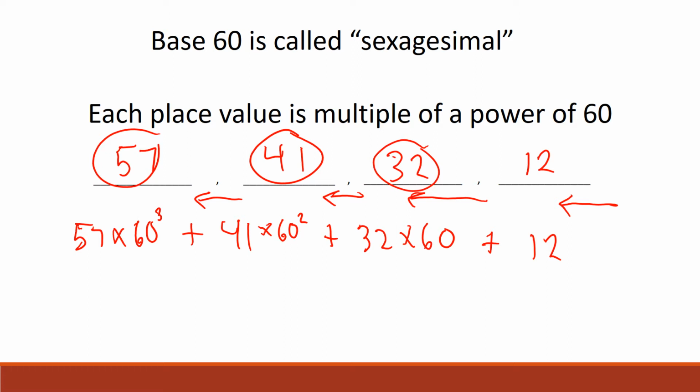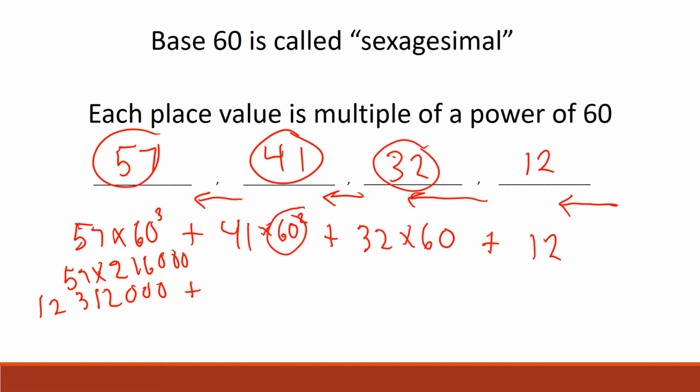But let's do the largest one. We have 60 cubed, which is 216,000. And then we multiply that by 57. We're already getting astronomical values. That's 12 million and some change.